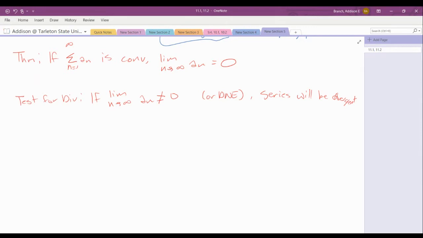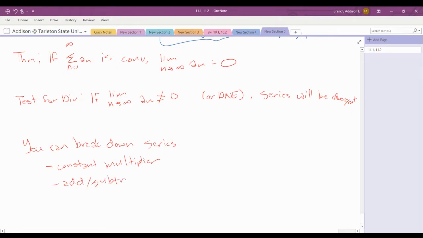It's also important to note that you can break down series. Essentially what you can do is pull out a constant multiplier, or you can add and subtract series, so you can split them up through addition and subtraction.